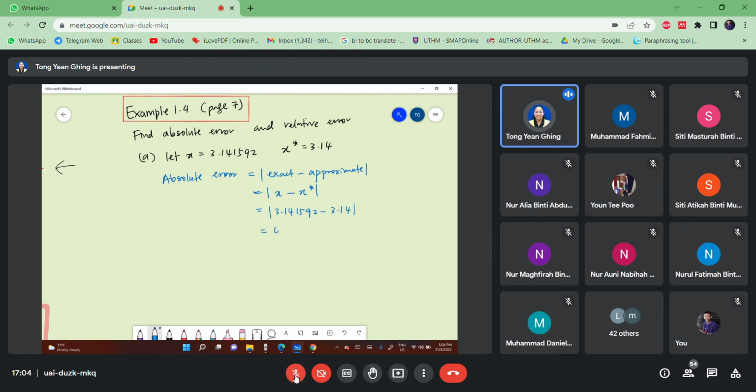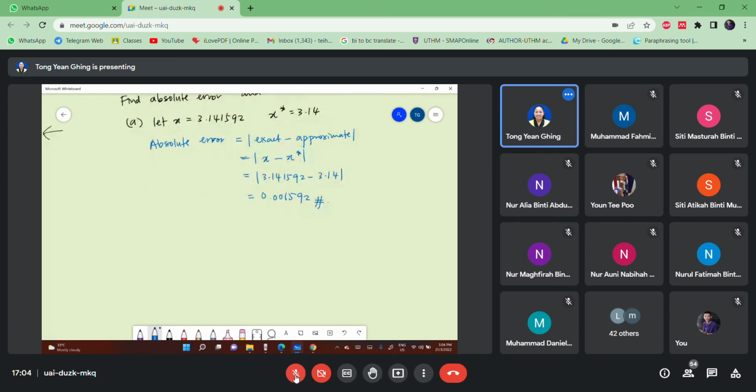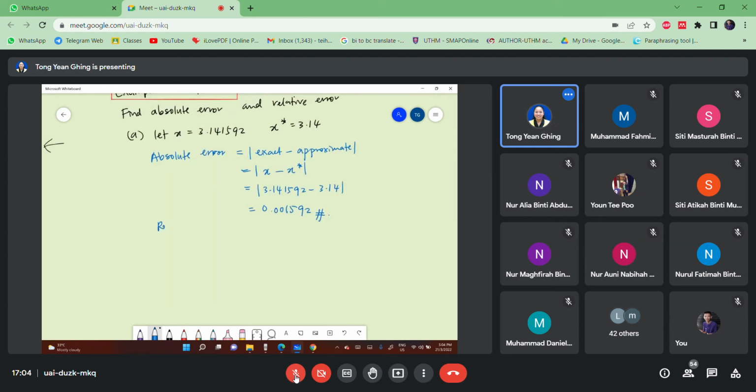So kita dapat 0.001592. Okay, boleh? Very simple, right? And then relative error. So relative error, ambil je answer this one, absolute error, bahagi dengan exact value. The exact value is 3.141592. Okay.